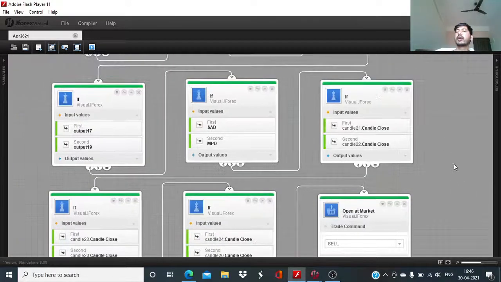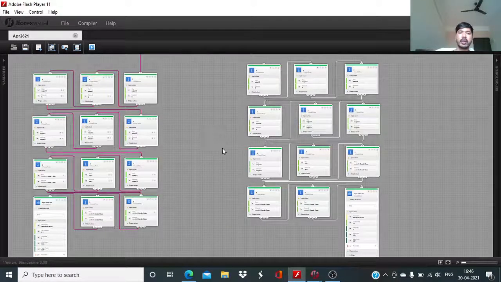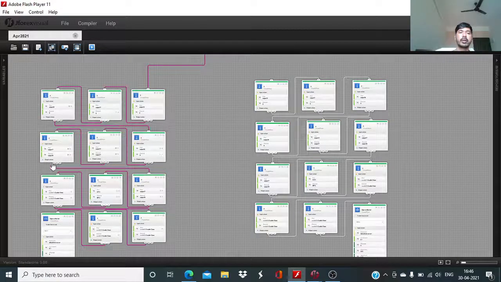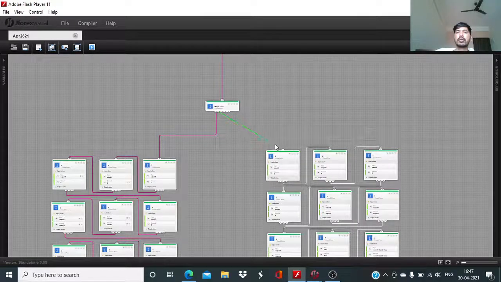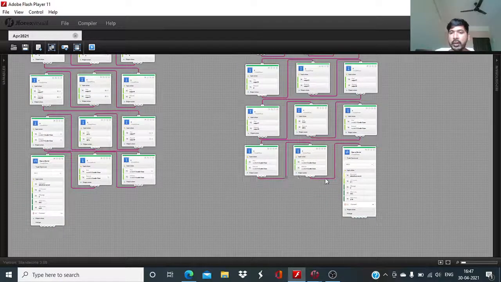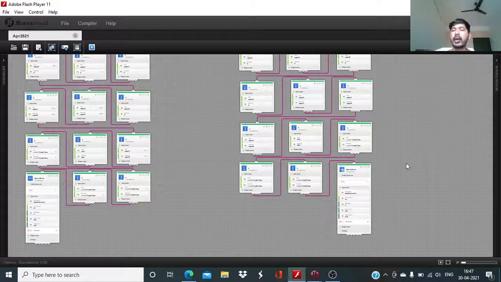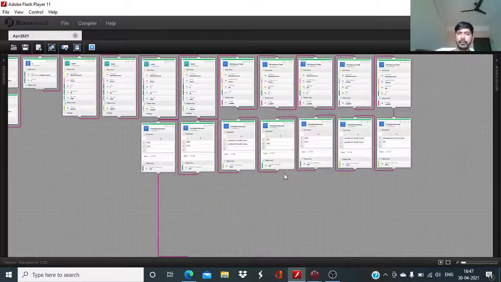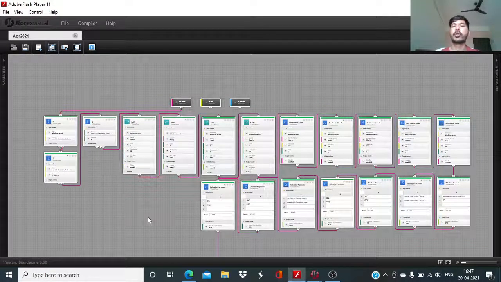So all these conditions have been defined now, and we will check it once whether it is symmetric or not. Yes, it's looking symmetric. And as per the color coded line, you can see that the algorithm iteration flow is going all the way till the very end. That means our algorithm should be working well whenever we will be looking to execute the trade.